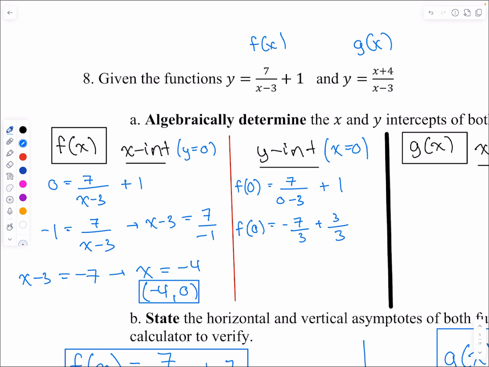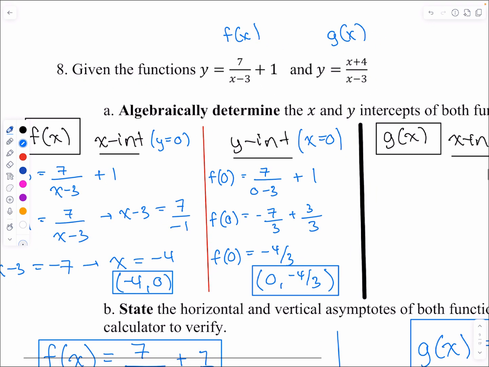So negative 7 plus 3 is negative 4. So my function at 0 is going to be negative 4 thirds, which gives us the y-intercept. So when x is equal to 0, y is equal to negative 4 thirds. Okay, so we have our x and y-intercepts of f of x.